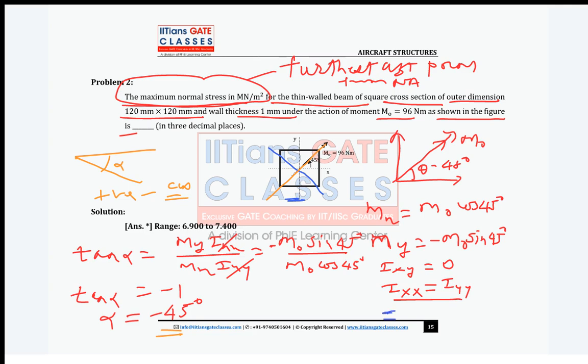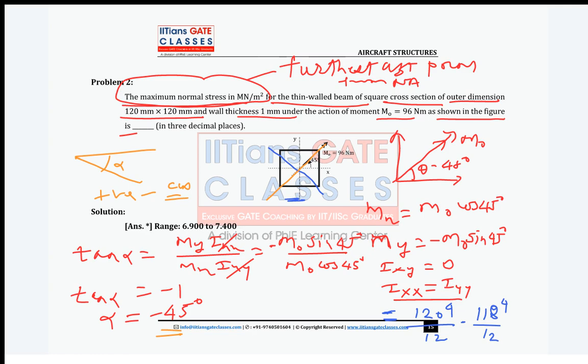First, outer dimension 120 power 4 by 12 minus, what is the inner dimension, guys? 118, right? 118, Mr. Surendra, because thickness is 1, so both sides 1, so it is 120 power 4 by 12 minus 118 power 4 by 12, right? This is how you can find inertia. I'll tell you thin wall also. Let's first finish this problem and then I will tell you how to find.